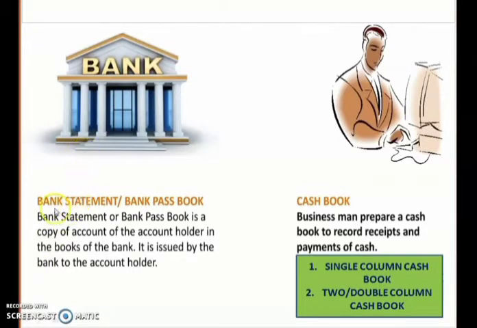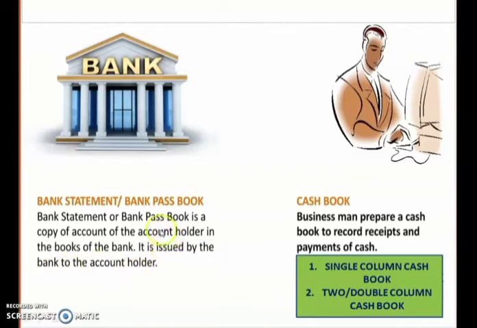So children, you can see here it is a bank statement, which is also known as bank passbook. Bank statement or bank passbook is a copy of account of the account holder in the books of the bank. It is issued by the bank to the account holder.